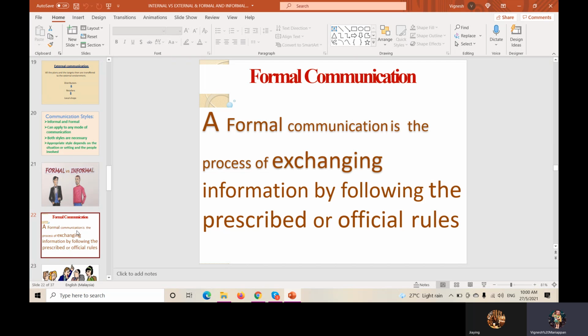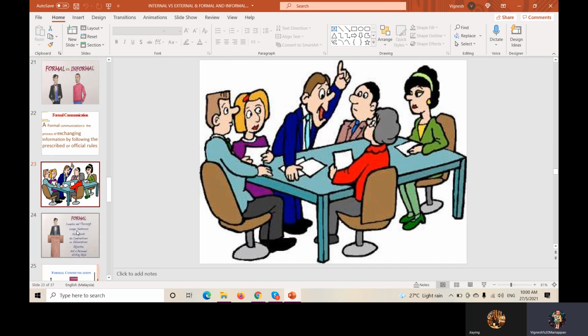We use the formal, a standard way of the company. We have to follow the rules and regulations of the company on how to exchange information, so we call it formal. Can you all see? We all have to sit together and follow the rules of the company on how to exchange the information.